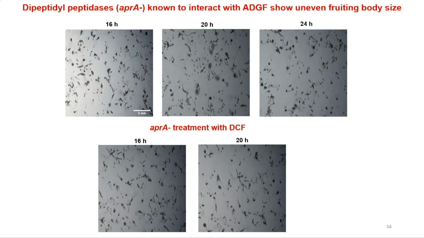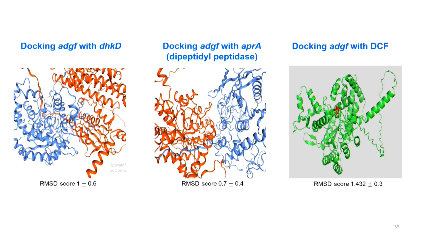So maybe the phenotype may be apparent in the growth stage, but not in the developmental stage. So this is the dipeptidyl peptidase. There is a strong interaction of dipeptidyl peptidase, that is APRA, with the ADGF. And this is the DHKD, which I said is involved in the histidine kinase pathway.